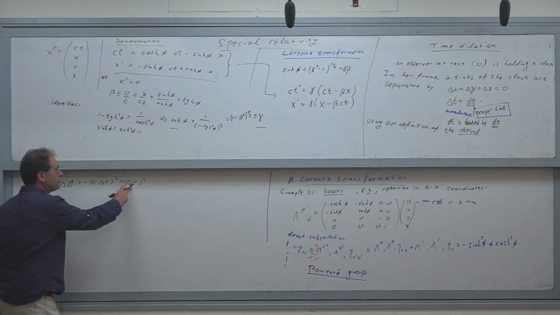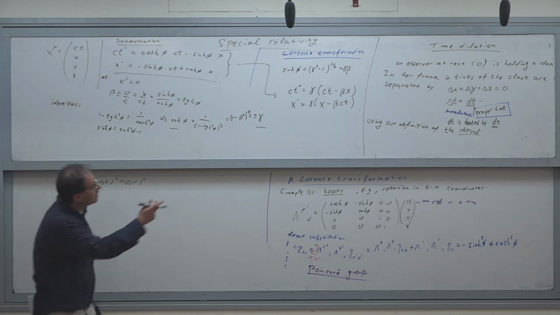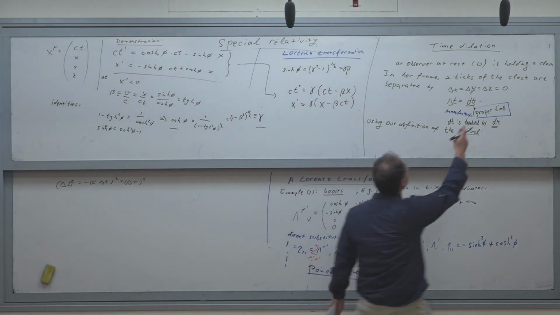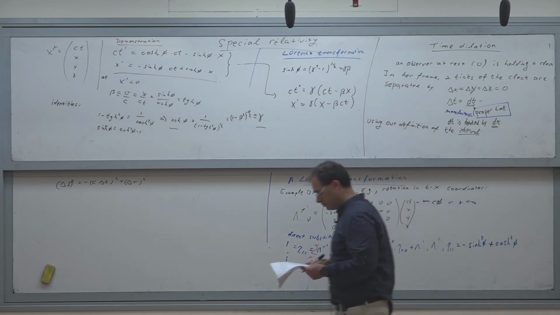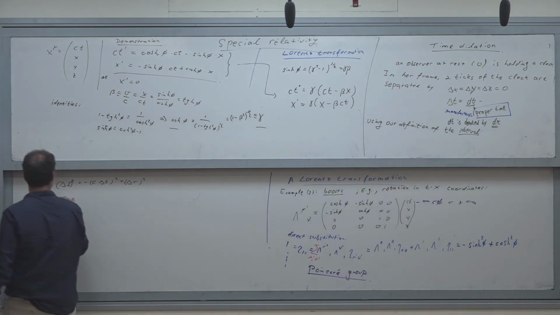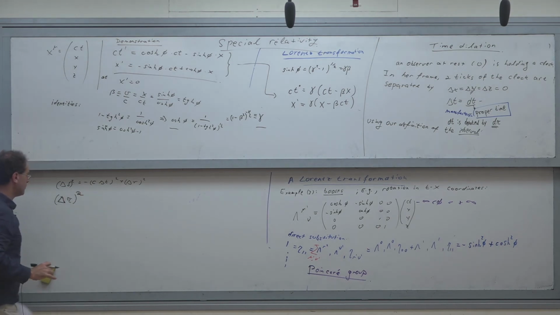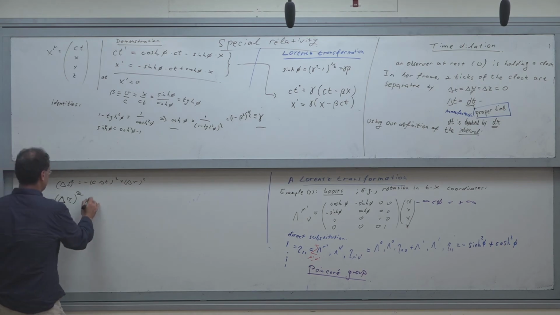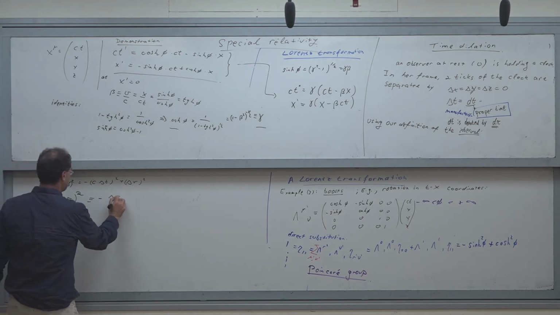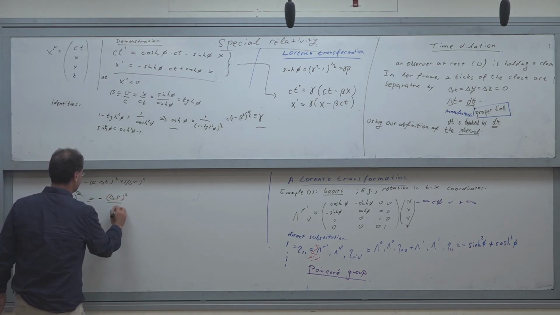But delta r is equal to 0, because we said delta x is equal to delta y is equal to delta z is equal to 0. So I can write down delta tau squared is minus delta s squared divided by c squared.